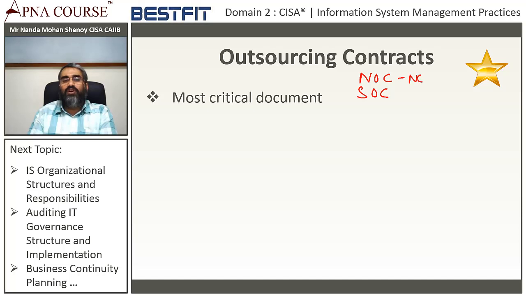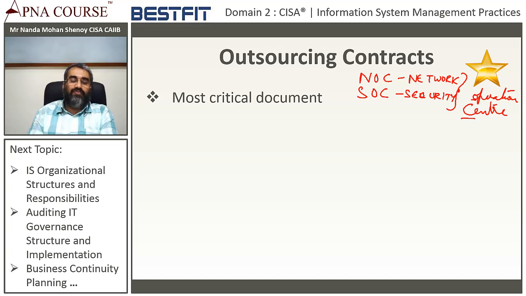NOC stands for Network Operation Center, SOC stands for Security Operation Center. Most banks, be it public sector or private sector, have outsourced this activity of NOC and SOC to specialized agencies.